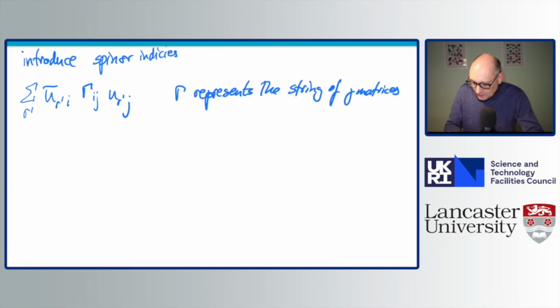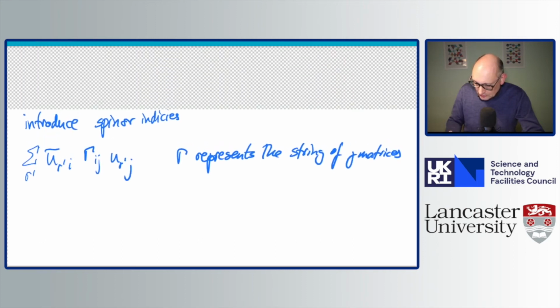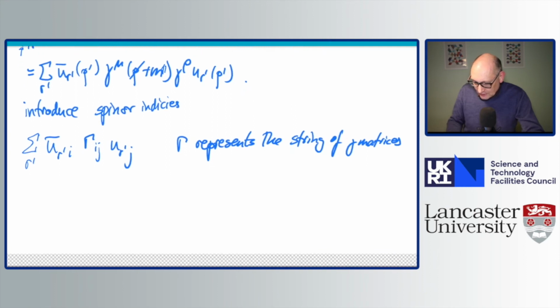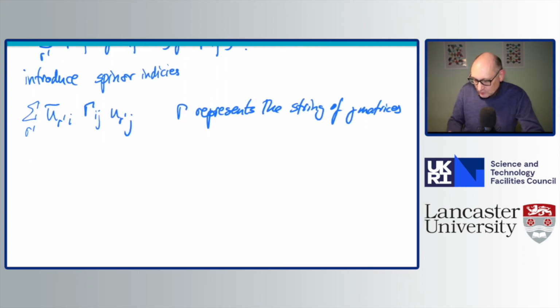Now, since we've explicitly labeled the component, we can swap the order of the terms. The ū, the Γ, and the u: the order here is important because it's a matrix multiplication. Here it's just component multiplication because we've written out the explicit component indices, so we can reorder them.